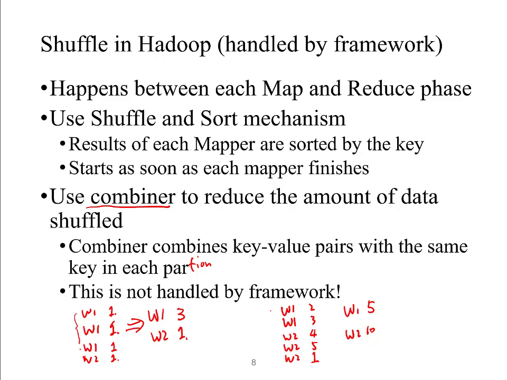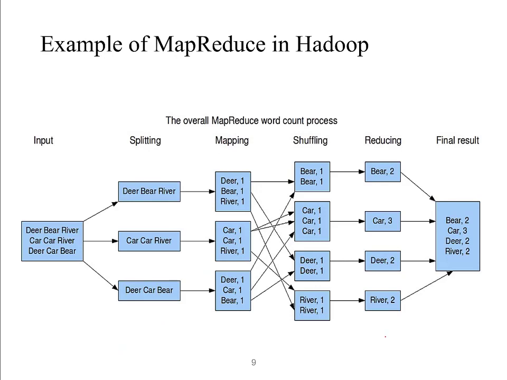So in order to let the reducer do its job, we would also need to record the number of W1 and W2. If we do the combiner like this, then the information is useful for the reducer to calculate the average number.